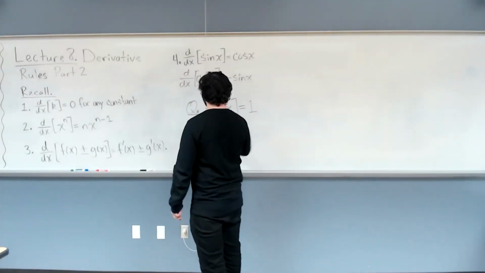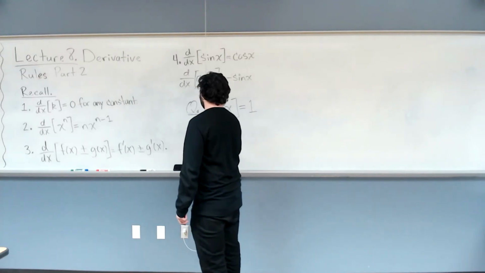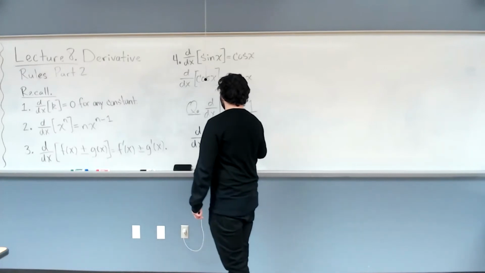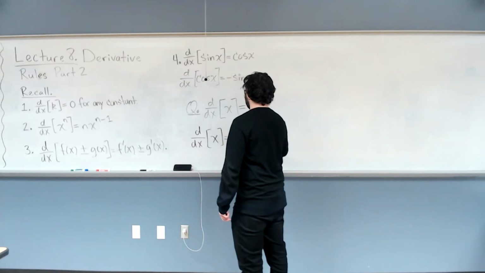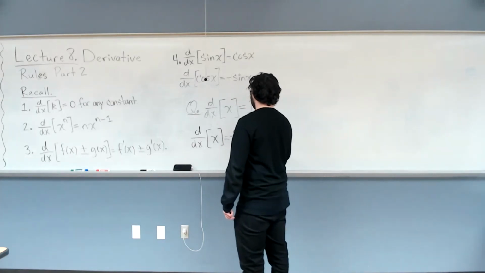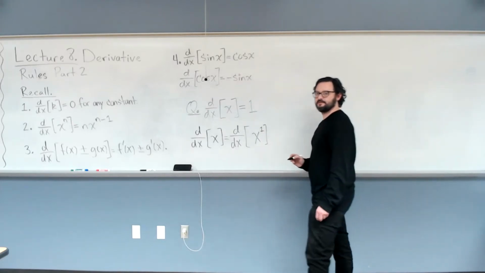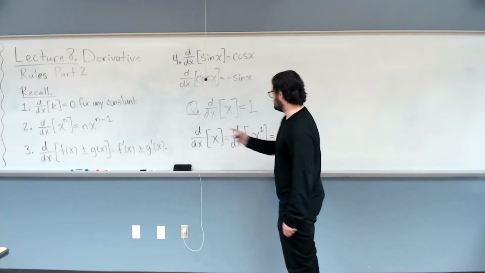Why is that? Because if we look at the derivative with respect to x of just x, right? This is equal to the derivative with respect to x of x to the power 1, right? So what does this become? The n is 1, right?